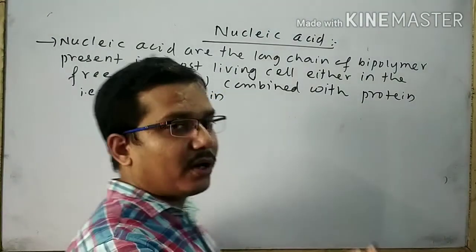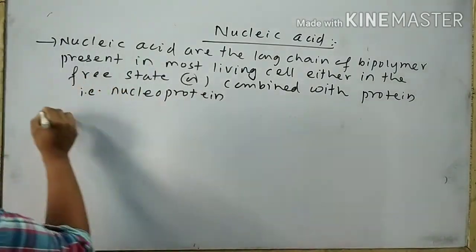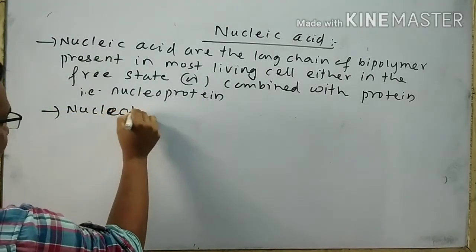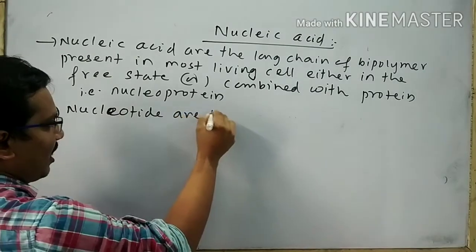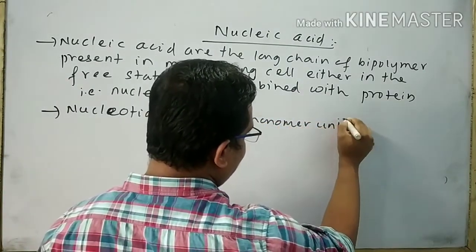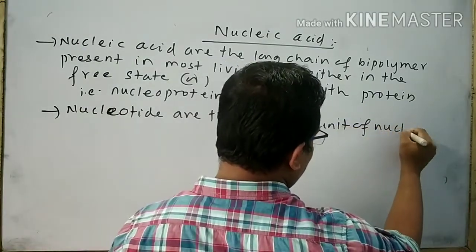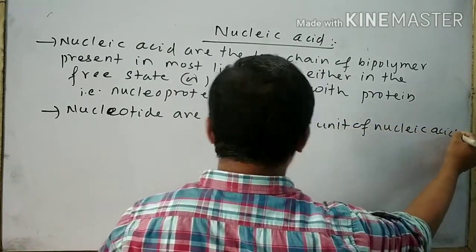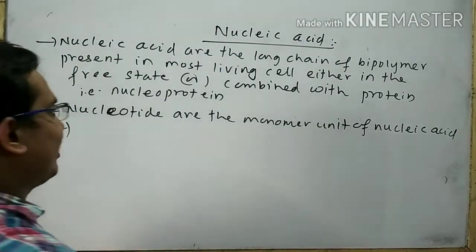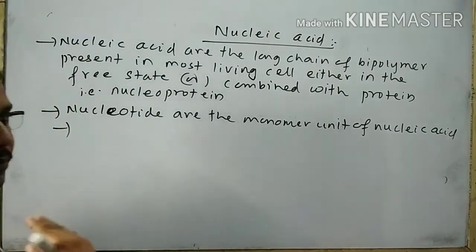Nucleotide is the monomer of nucleic acid, so we can write: nucleotides are the monomer unit of nucleic acid. The nucleotide is also made of two components. One is the nucleoside, another is phosphoric acid.